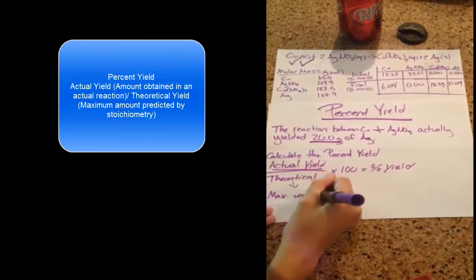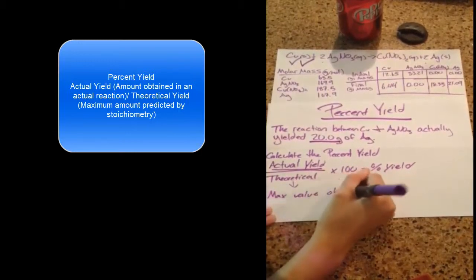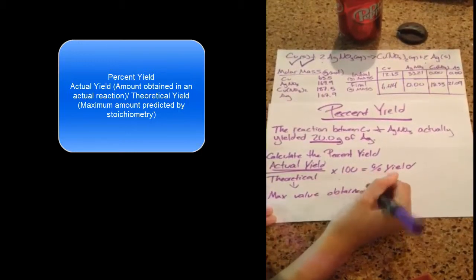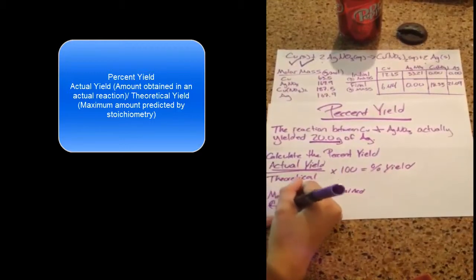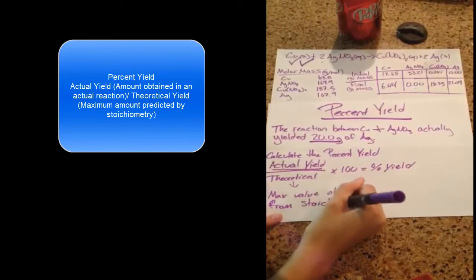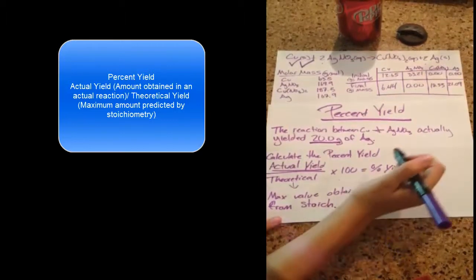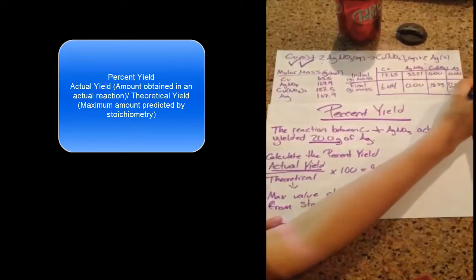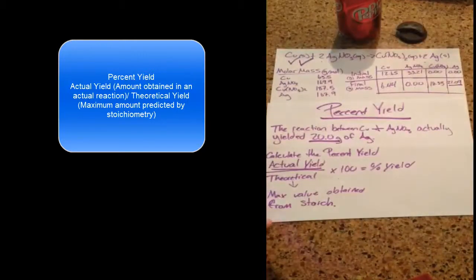The theoretical yield is the maximum value obtained from stoichiometry. In this case, the theoretical yield is 21.09 grams of silver.